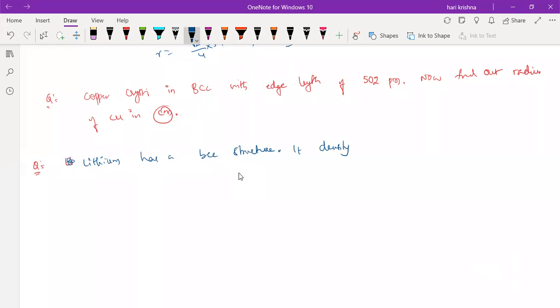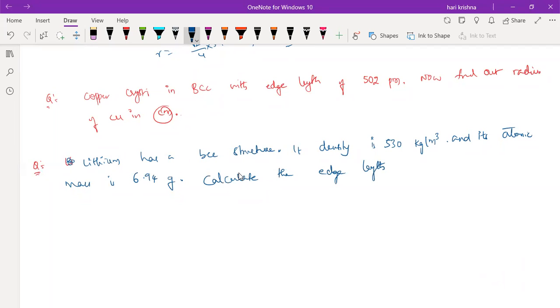The density is 530 kg per meter cube and its atomic mass is 6.94 grams. Calculate the edge length of the unit cell of lithium metal.